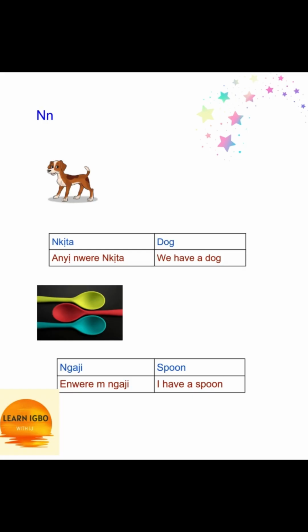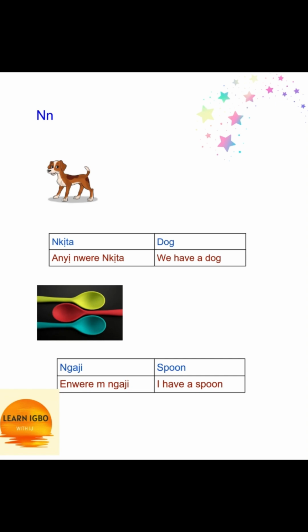Used in an example. Nkịta. Dog. Used in a sentence example. Anyị nwere nkịta. We have a dog.